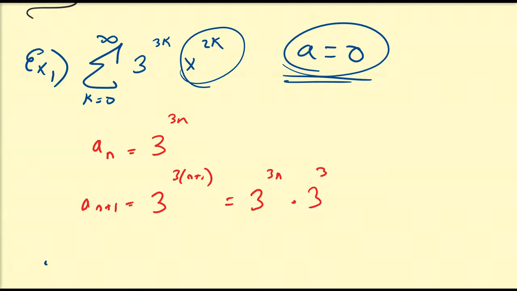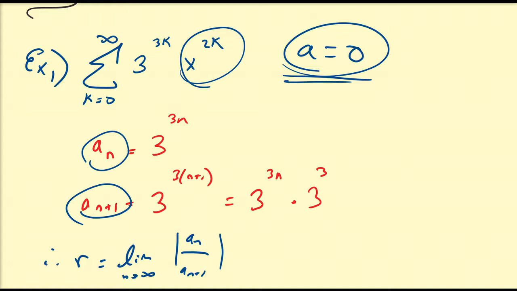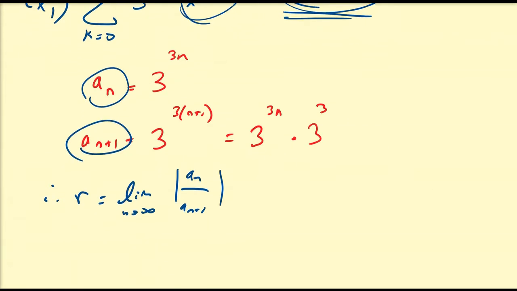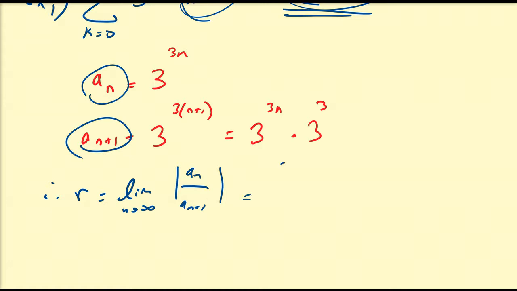So our radius of convergence, r, is going to be equal to the limit as n goes to infinity of the absolute value of a_n divided by a_(n+1). Both a_n and a_(n+1) are exponential functions, so they're both positive, so we can leave off the absolute value signs. So this is going to be equal to 3 to the 3n all over 3 to the 3n times 3 to the 3.